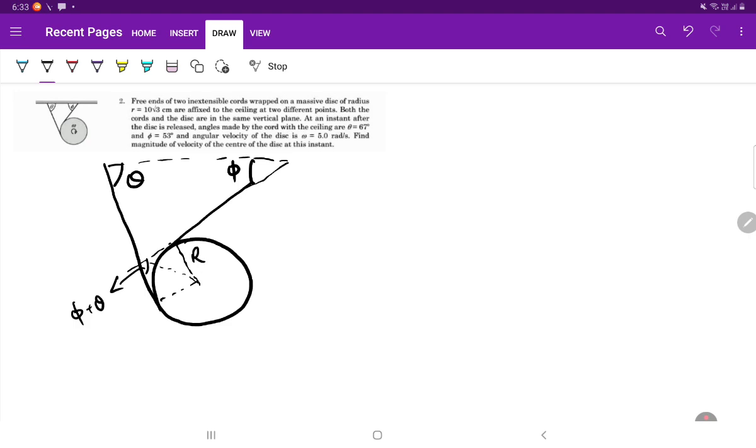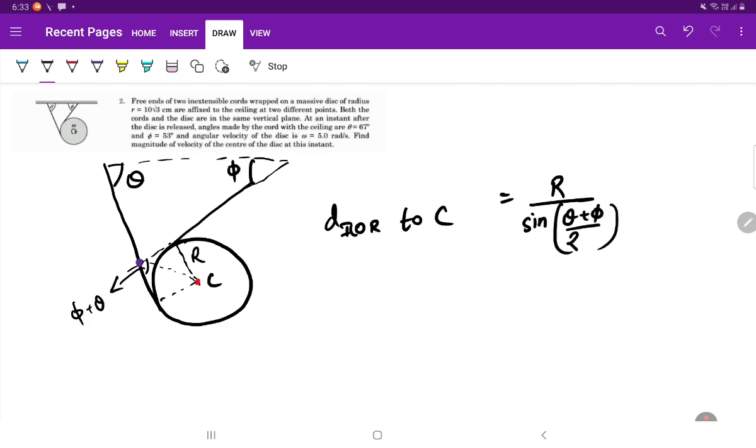So can you tell me the distance between the ICOR? I'm marking the ICOR in violet color, and the center of the circle. So basically the distance from the ICOR to center C is equal to R by sine of (theta plus phi) by 2, right?